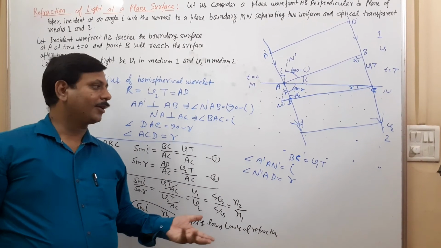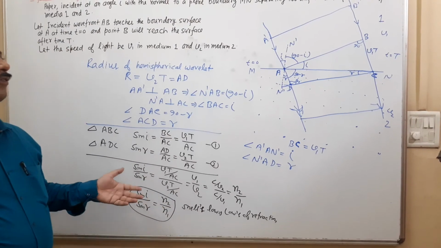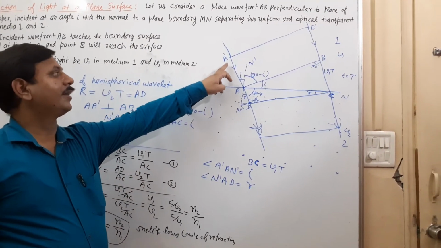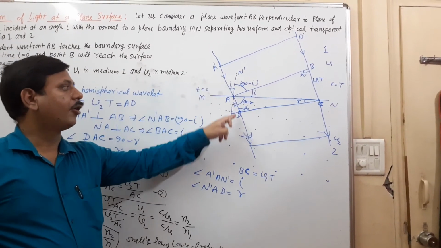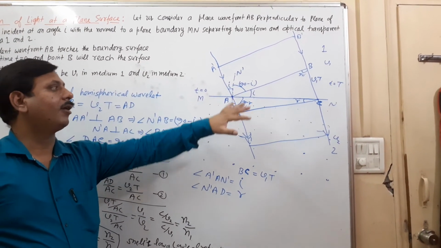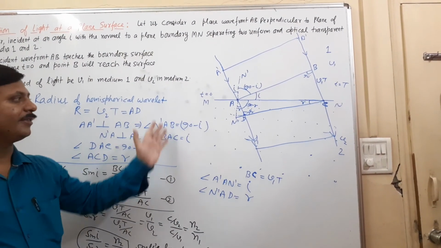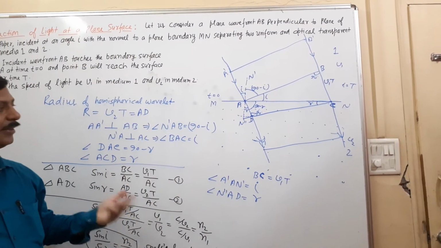So this is your law of refraction. And one thing more, see here, incident ray, normal and refracted ray all lie in the plane of paper, or you can say plane of board. So all lie in the same plane.